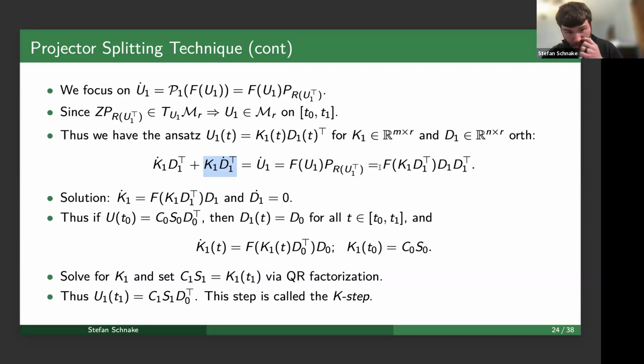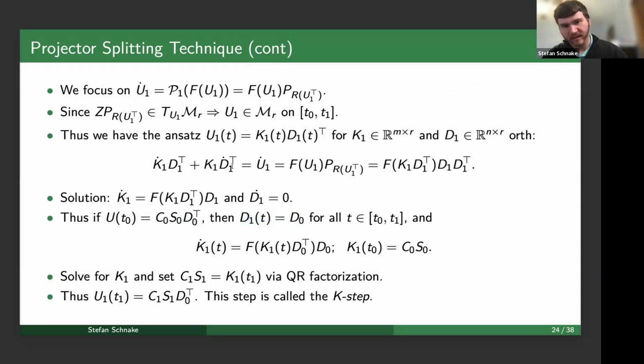And now that D1 is constant, I can then just solve the residual component by multiplying by D1, and you can get an equation that looks like this. So essentially, when you set the initial conditions as your initial decomposition, C0, S0 times D0, since D1 is constant, it doesn't change away from D0, its initial condition.